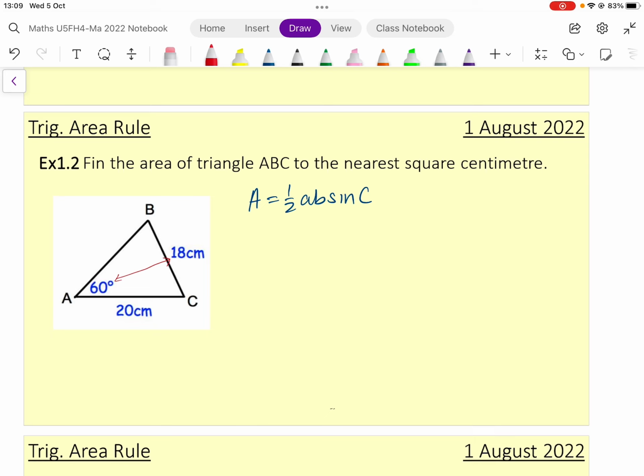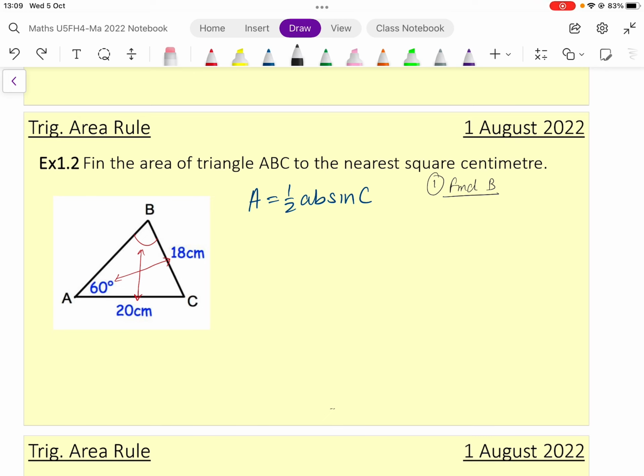But the sine rule is only going to allow me to use the 20 to find angle B out here. So my first step, step 1, is I'm going to find angle B. Now I know that I want angle C, because to do a half ab sine C, I need this angle here. But I'm going to have to just find what I can to start off with.